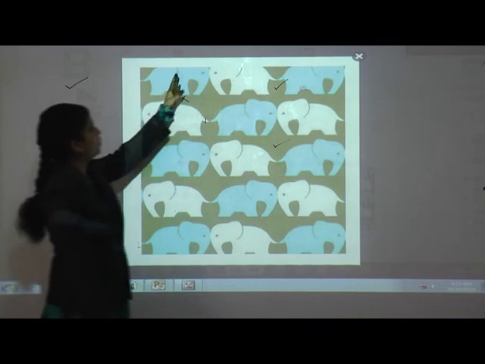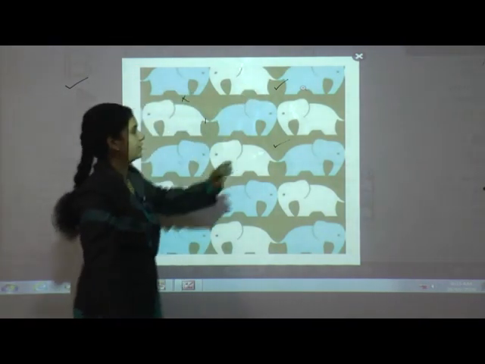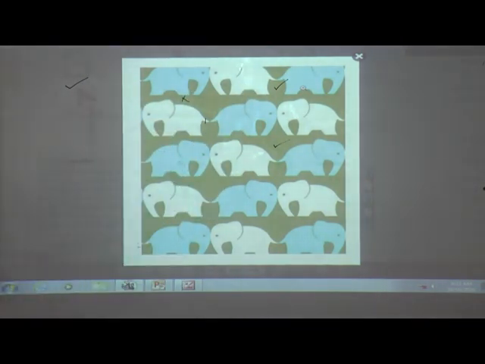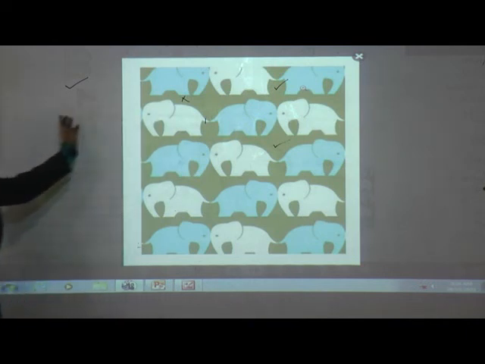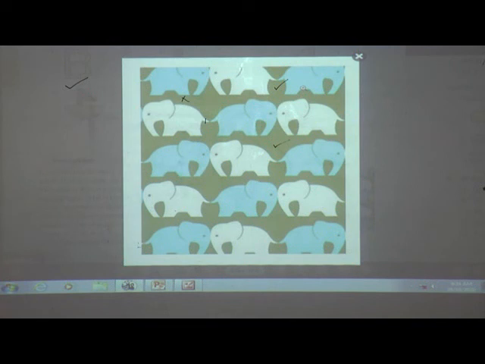Here is a blue elephant and a white elephant. The white elephant is facing left. It is followed by a blue elephant facing right. Then the white elephant again, and so on.